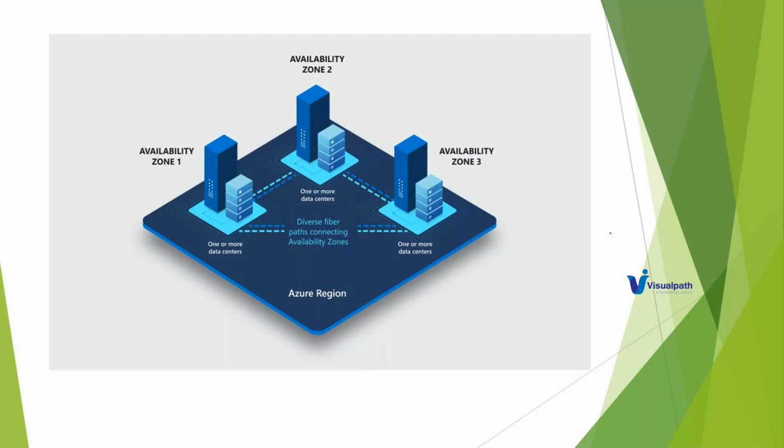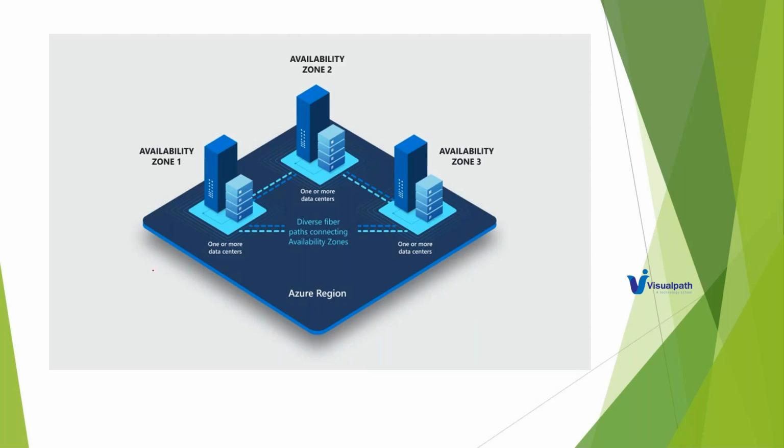Let me give you one more situation. What about if you have an application which is accessible globally? For example, if you have 10 users sitting in India and 10 users sitting in Australia, how are you going to do that? That part is also taken care of by Microsoft. First, you need to decide which is going to be your primary region.